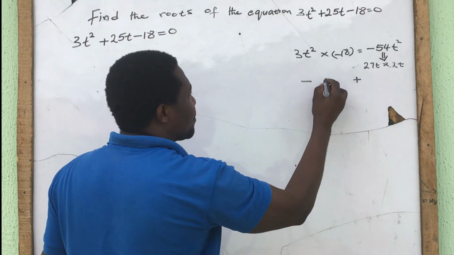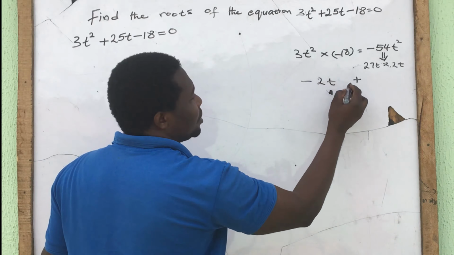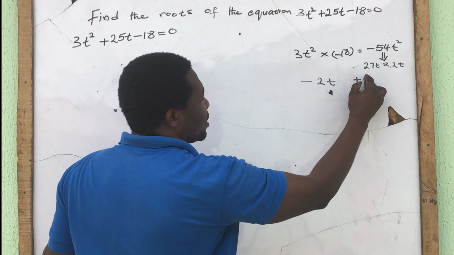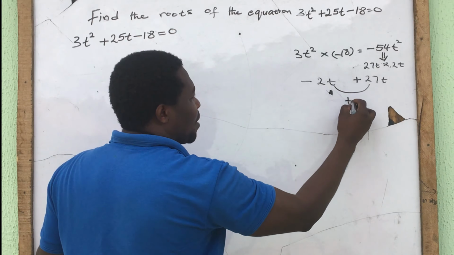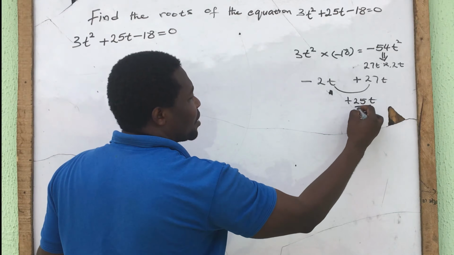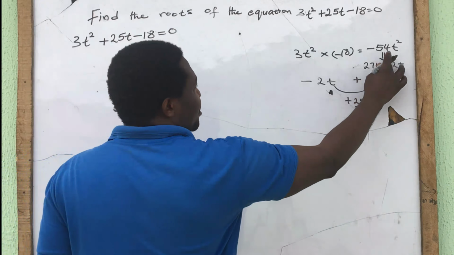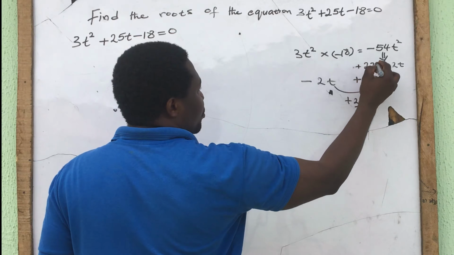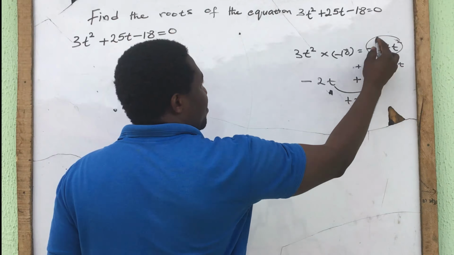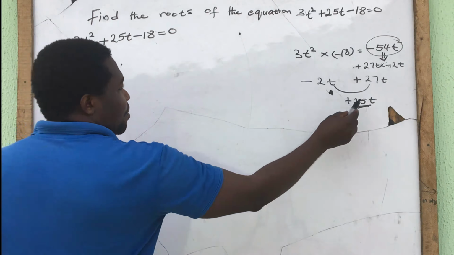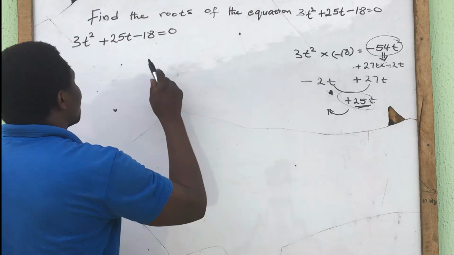So we are going to have minus 2t plus 27t. If you add these two together, we are going to have plus 25t. When we multiply this as well, plus 27 times minus 2 gives us minus 54t. So we bring this one to this place.